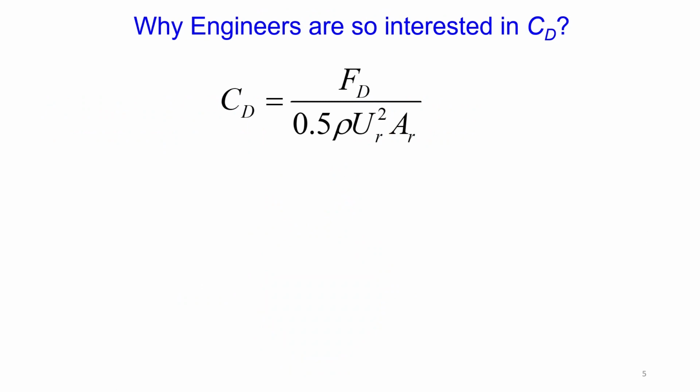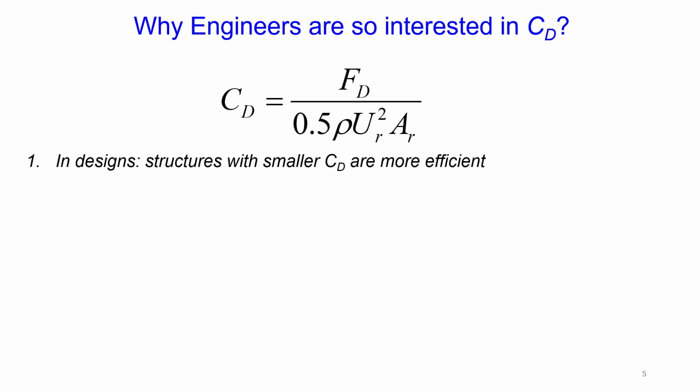So engineers are interested to know the drag coefficient, and the drag coefficient can be defined if you have laboratory experiments. You can do experiments in the lab and you can measure all the parameters on the right hand side. So you can measure force, you can measure velocity, you can calculate your frontal projected area, then you can calculate CD. And why do you need to calculate CD?